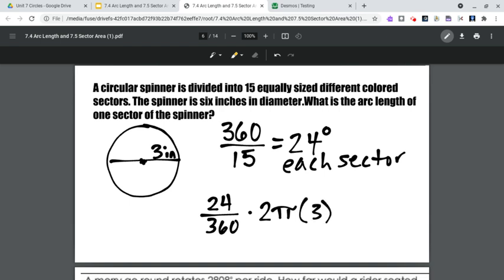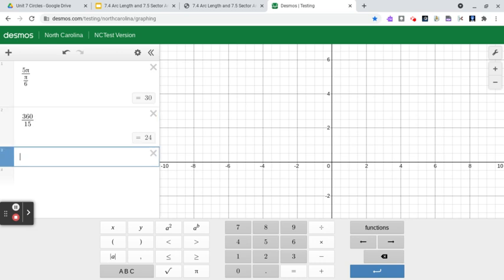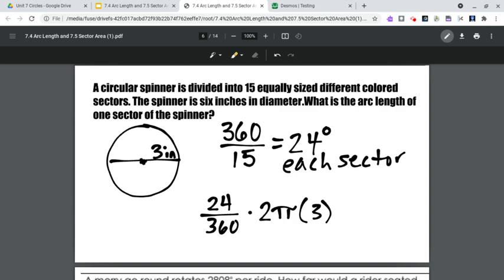And I'm going to put that directly into Desmos and round my answer to the nearest hundredth. 24 over 360 times 2 pi times 3, which gives us 1.26 inches. That's the arc length of one sector of the spinner.